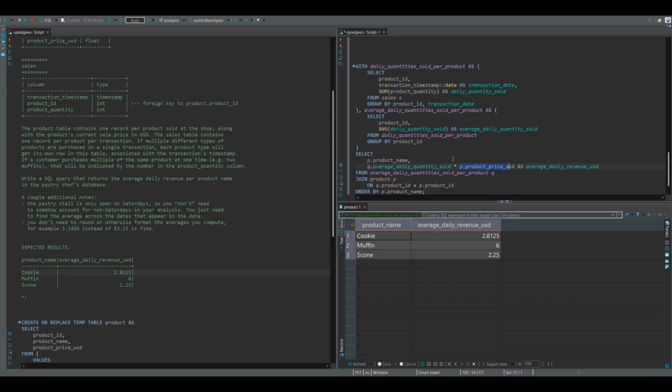Now, instead of joining the product table to several billion transaction grain records, you're joining it to a pre-aggregated product grain dataset that is potentially several orders of magnitude smaller. The cost of the aggregation is roughly the same between the two strategies, but the cost of the join might be substantially improved by the second strategy.